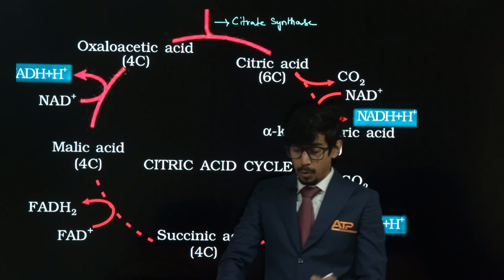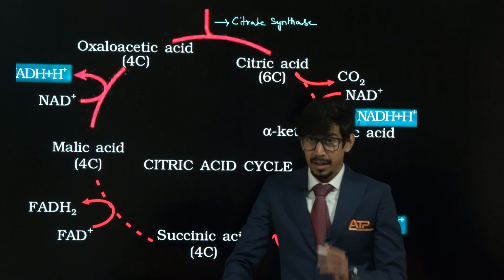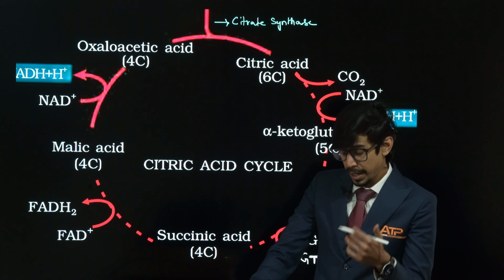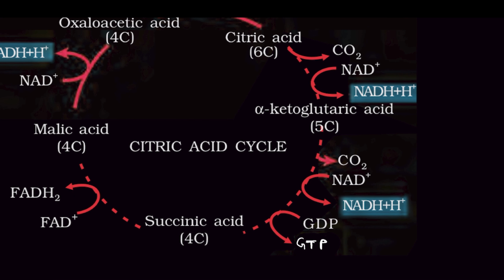Please keep noting down where we are getting NADH and where we are getting CO2. These steps are going to play a very important role later. So citric acid undergoes oxidative decarboxylation, and we have alpha ketoglutaric acid, a 5-carbon compound.